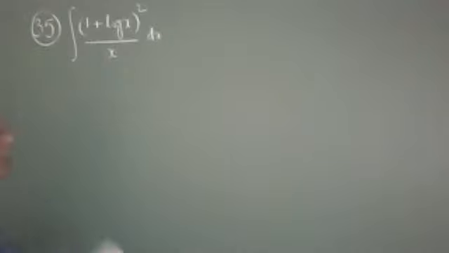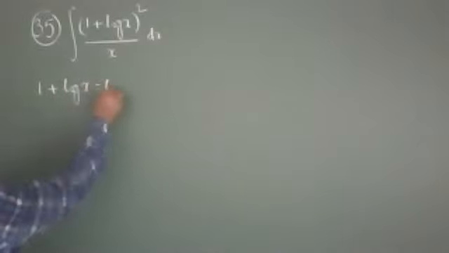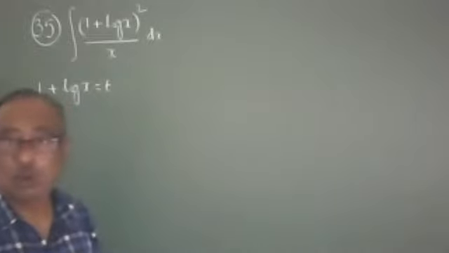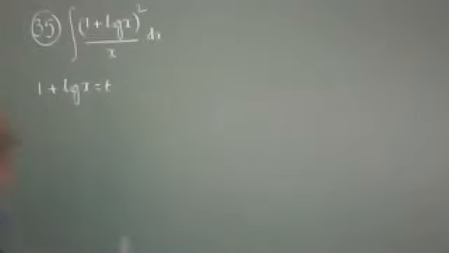That's why we can take 1 plus log x as t. The derivative of 1 is 0, and the derivative of log x is 1 by x. The derivative of x itself is dx, the derivative of t is 1, and the derivative of t itself is dt.